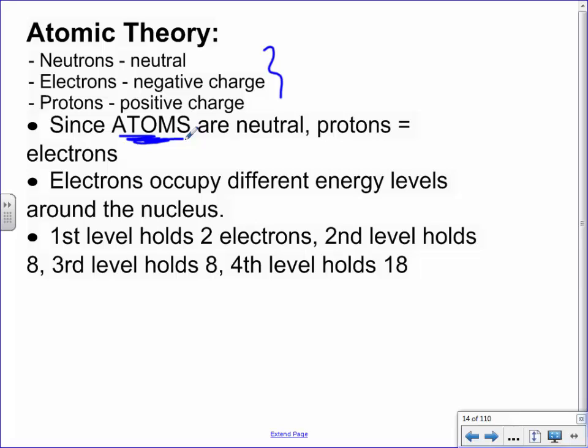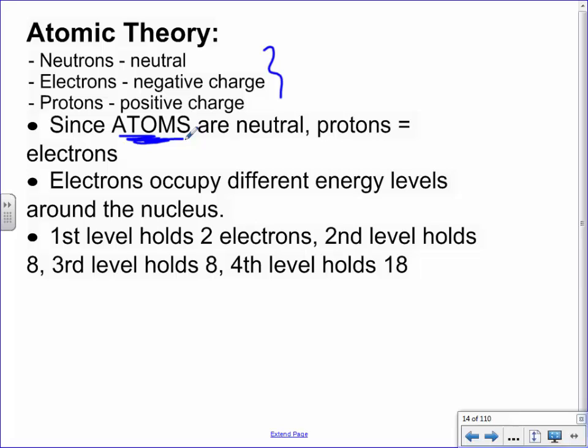Now, if I want to make it positively charged, can I add an extra proton? Then it wouldn't be sodium anymore, right? If I add an extra proton to sodium, it's now magnesium. Right? So if you want to change whether it's an ion versus an atom, you change the electrons. If you want to change what you call it, you change the protons. If you want to change its weight, you change the neutrons.